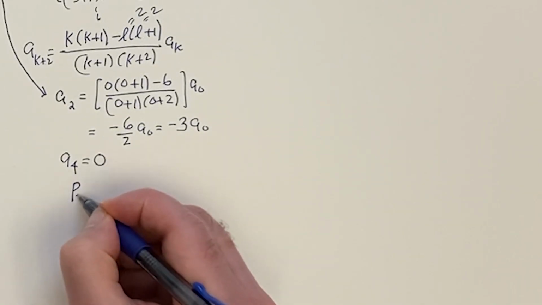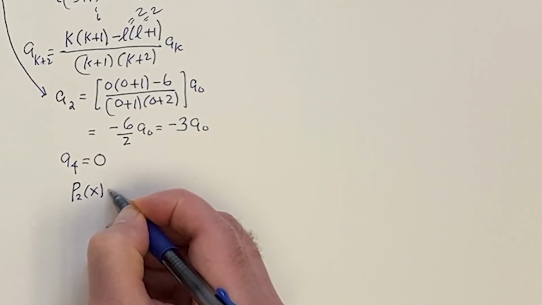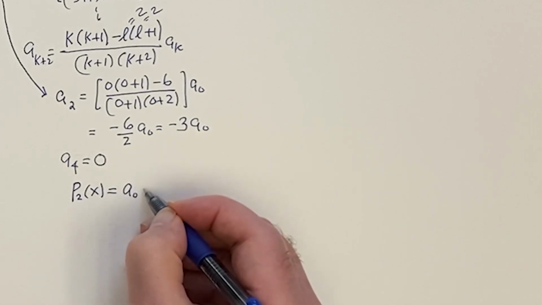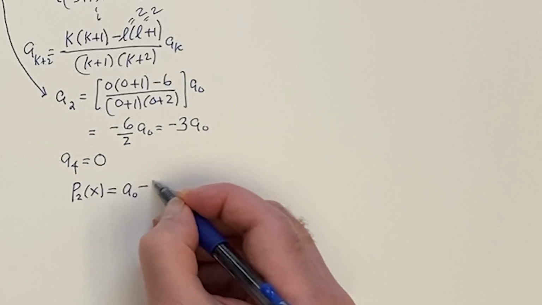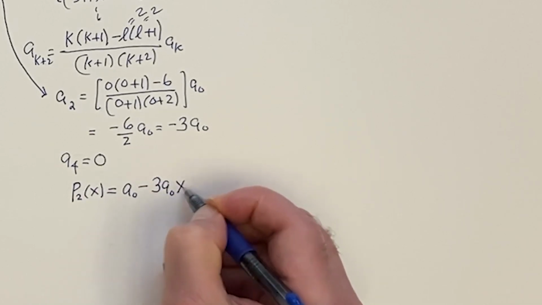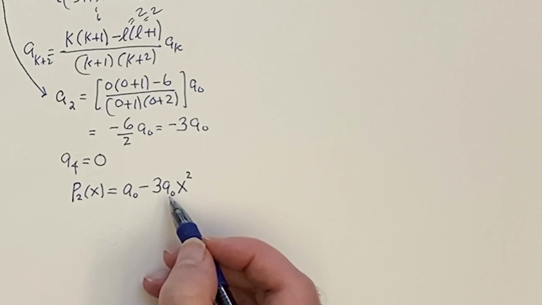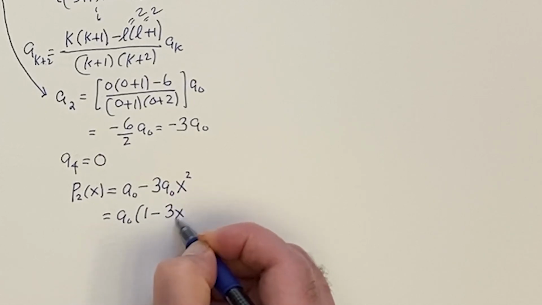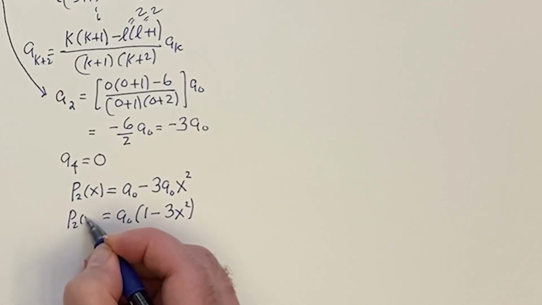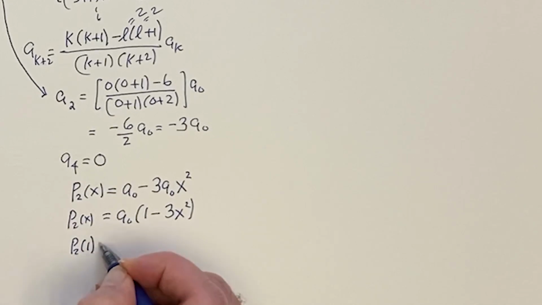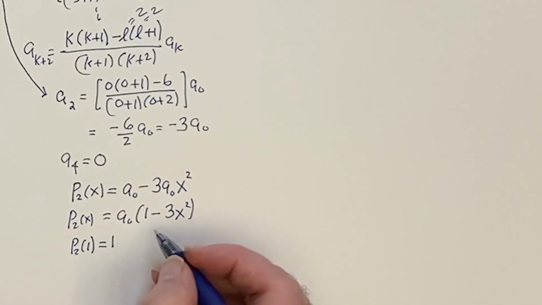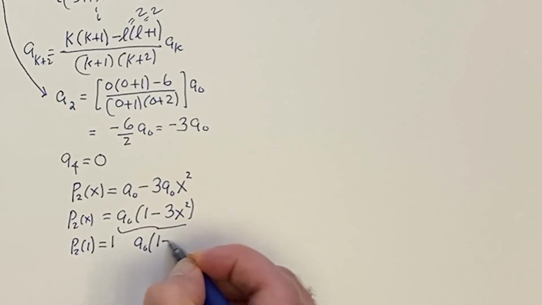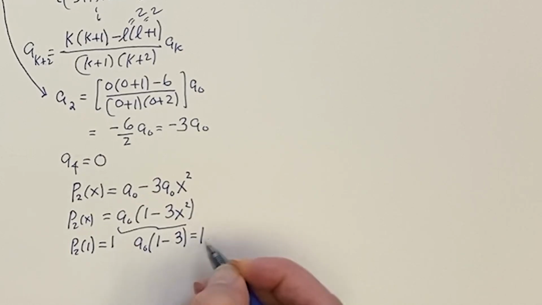So therefore, for the second Legendre polynomial, we're going to have a0, the constant, and then the a2 is going to be this, and remember a2 hits x squared. So that's what you get, which is a0 times 1 minus 3x squared. But if you want the 1 put in, you want that to be 1, that means here a0 times 1 minus 3 has to be 1.